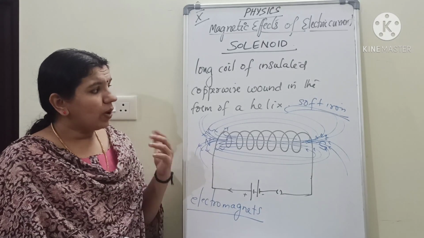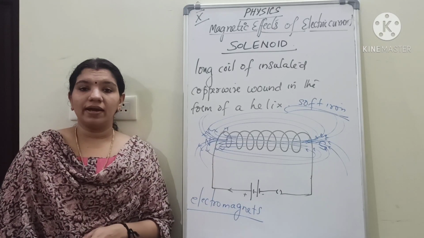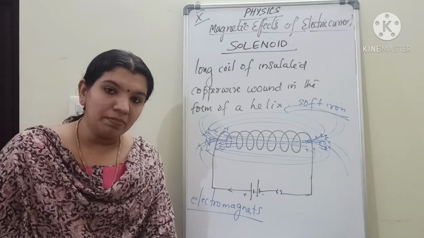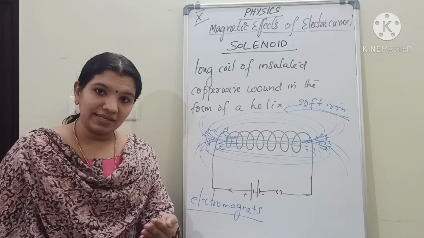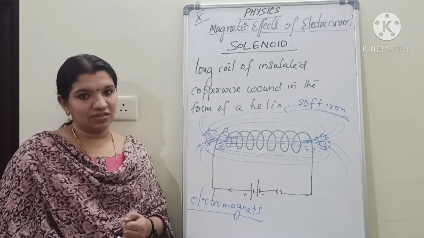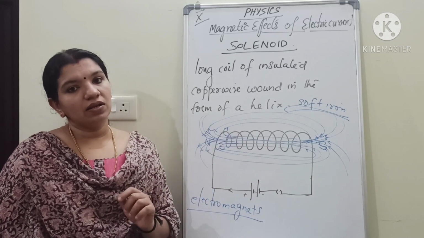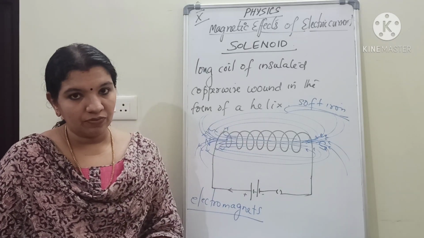Clear? And why are we selecting soft iron? It is because soft iron gets easily magnetized as well as easily demagnetized. That means when we switch it off, the magnetic property stops for soft iron.